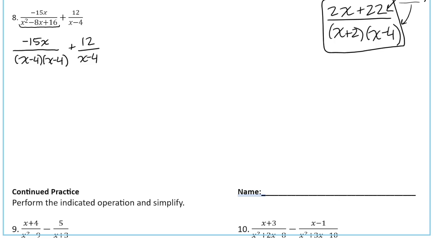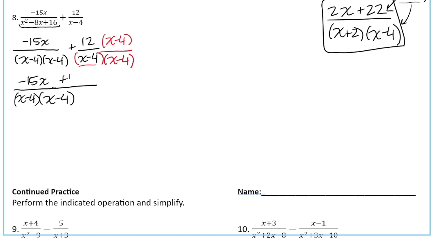Now this one's nice because the only thing missing from this denominator is another x minus 4. So if I multiply this fraction by x minus 4 over x minus 4, I now have the same denominator as this fraction. So I don't need to do anything to the first fraction, just the second fraction. Let's continue. I have negative 15x over x minus 4 times x minus 4 plus 12 times x minus 4.